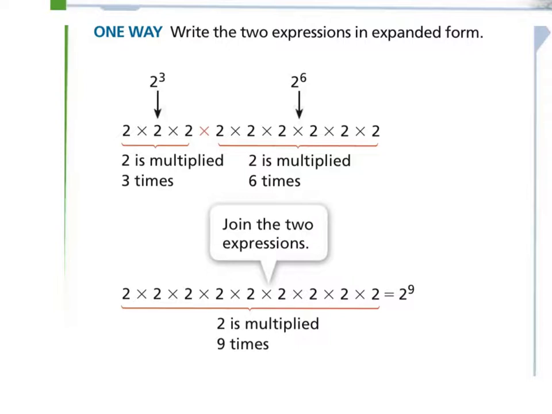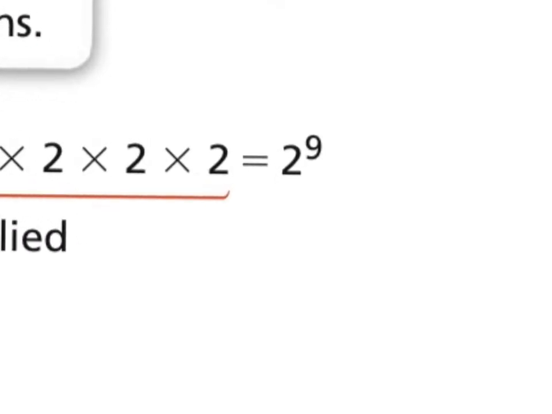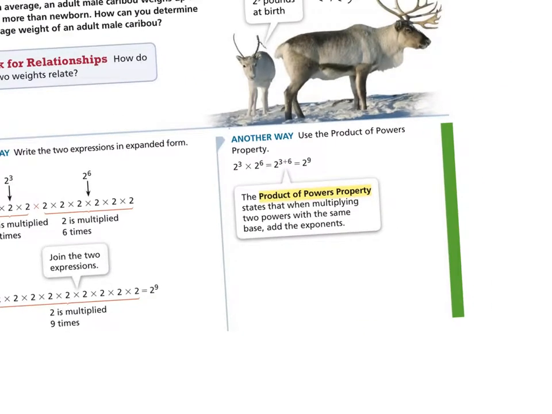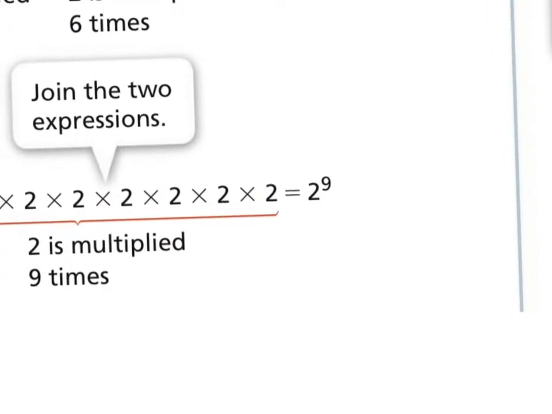So an easier way of looking at it is we had 3 factors of 2, 6 more factors of 2, gives us a total of 9 factors of 2. So rather than typing in all the 2's, we could write that just as 2 to the 9th power. And we put that in and get our answer, which is 512. 512, okay. So 512 pounds.